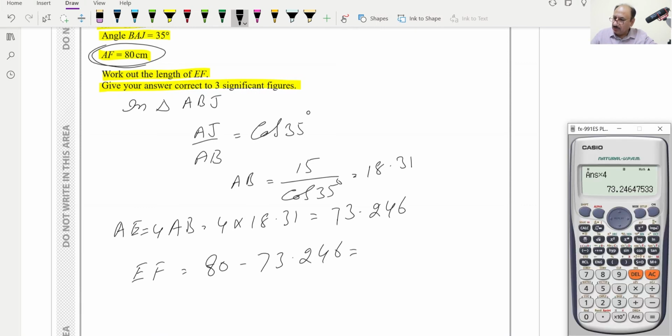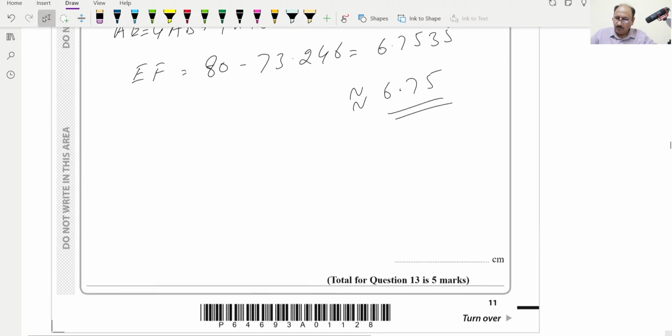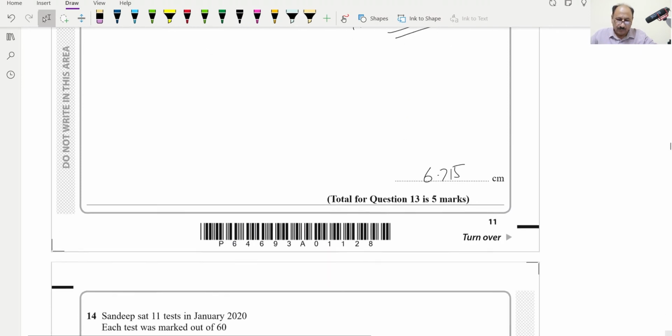So 80 minus this, the answer will be equal to 6.7535. Up to three significant figures they are asking for, which is 6.75. This will be the final answer which we can provide over here, 6.75 centimeters.